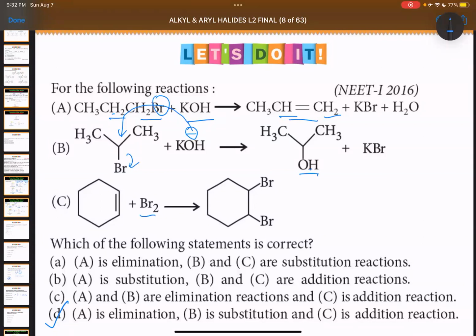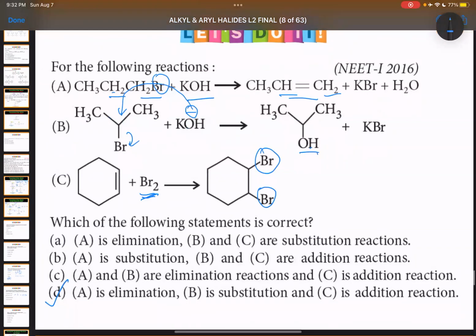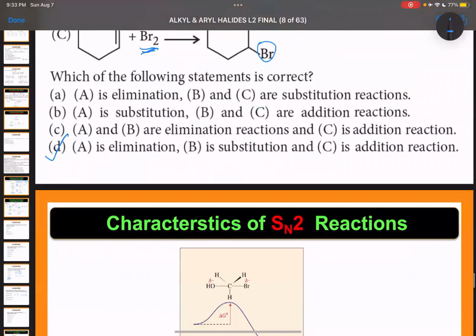And this is an addition reaction, addition of bromine. Addition and elimination are completely opposite to one another. Elimination means two groups are removed and there is a double bond; in addition, two groups come and join to that double bond. So option D is correct.